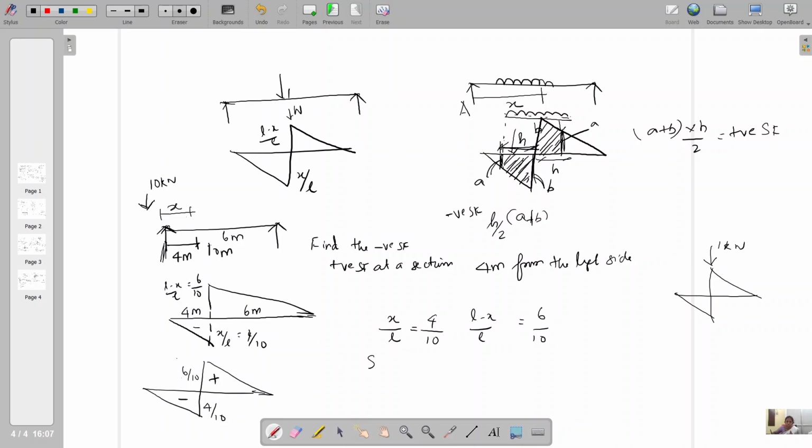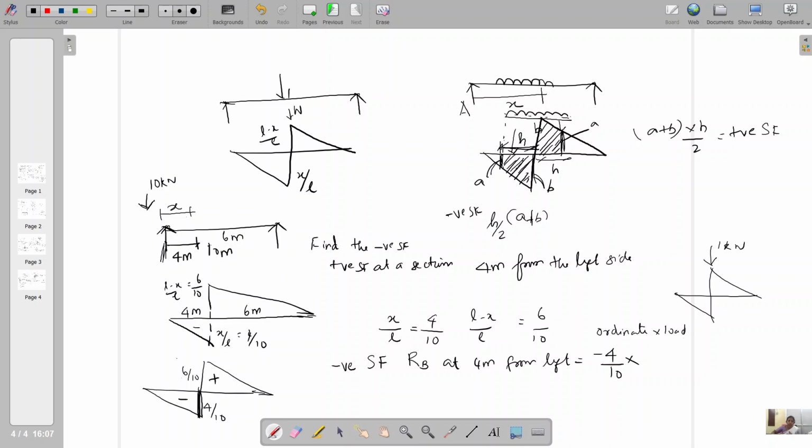Now I am going to calculate the shear force. The negative shear force at 4 meter from the left side is equal to the ILD ordinate, the negative ordinate at this section, which is 4 by 10, into the load.